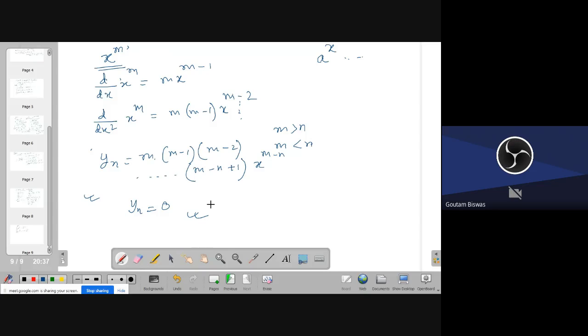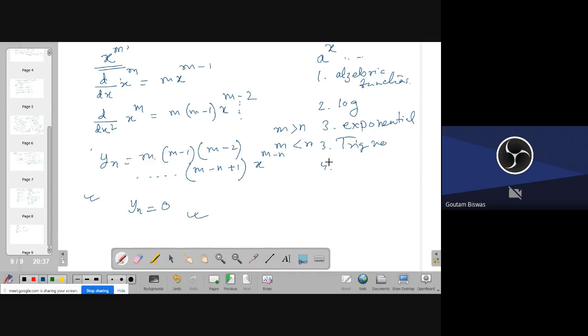In your syllabus you have several types of functions. Number 1, algebraic functions, including polynomials. Number 2, log functions and exponential functions. Number 3, trigonometric functions.